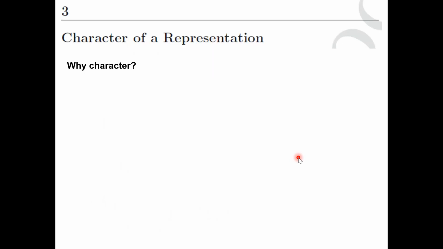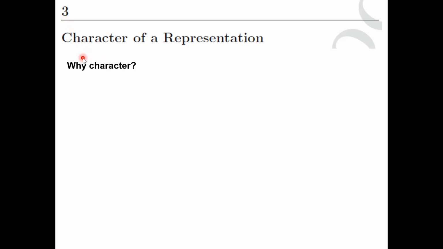Okay, so now we start the third lecture. This also corresponds to chapter 3 of our textbook, in which we're going to discuss the character of a group representation. Chapter 3 will consist of two lectures, today and the next lecture, which is going to be next Wednesday.